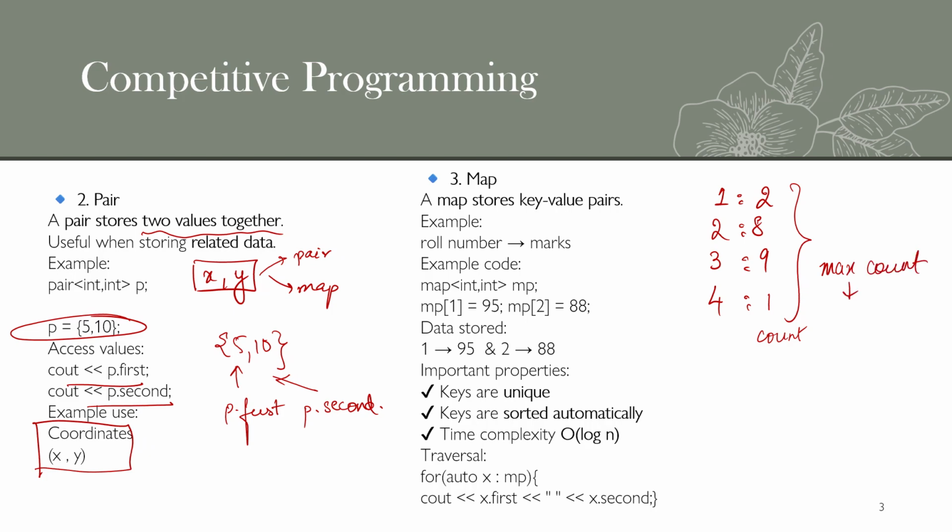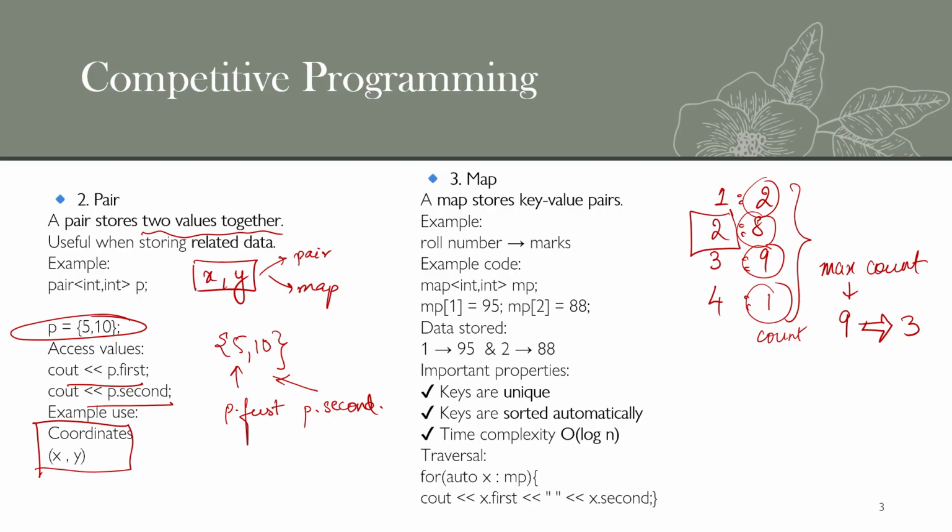It will be easy in this case. You have to only compare the second parts of each of the map to get the key part. Now your max count here is 9. 9 associates to 3.